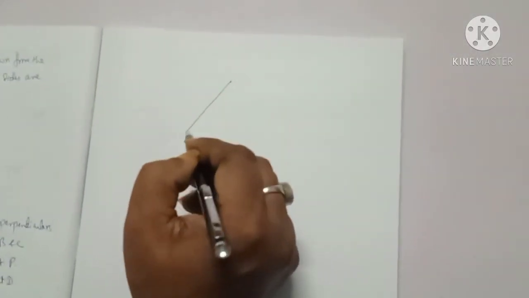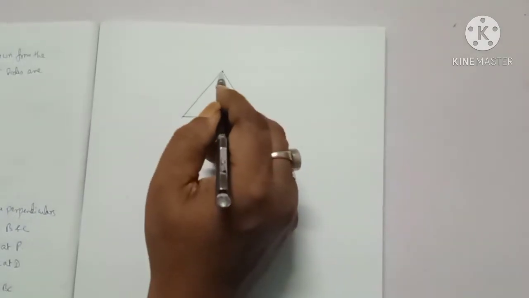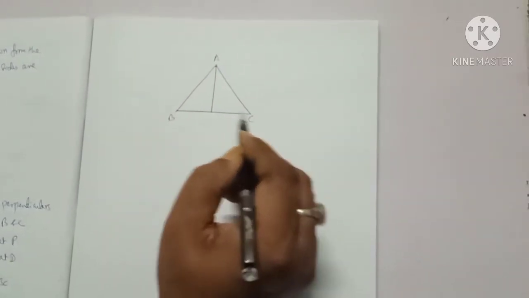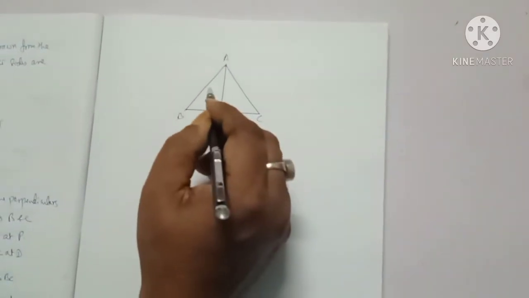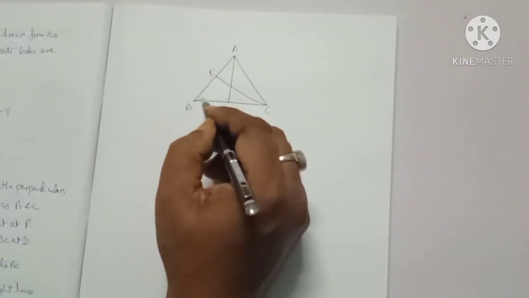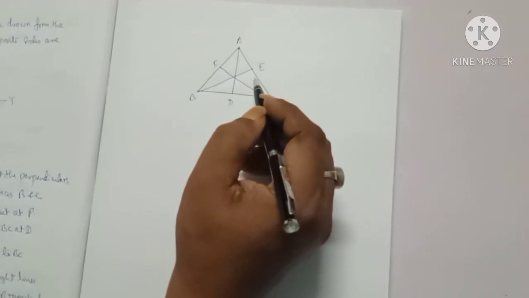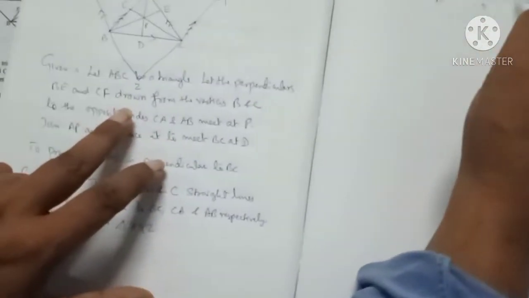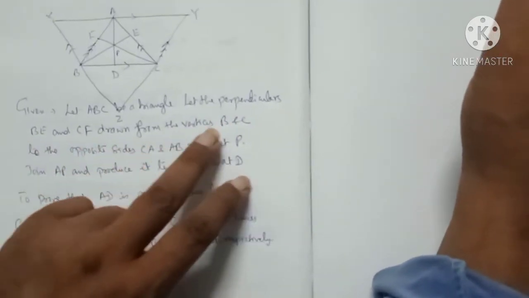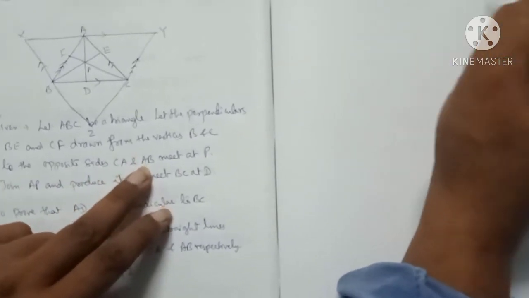See, this is the triangle ABC. Here we have stated that the perpendiculars BE and CF are drawn from the vertices B and C to the opposite sides CA and AB.